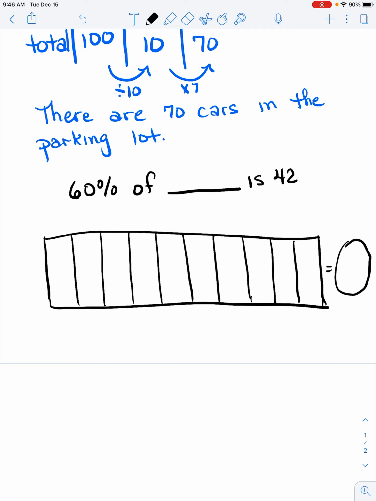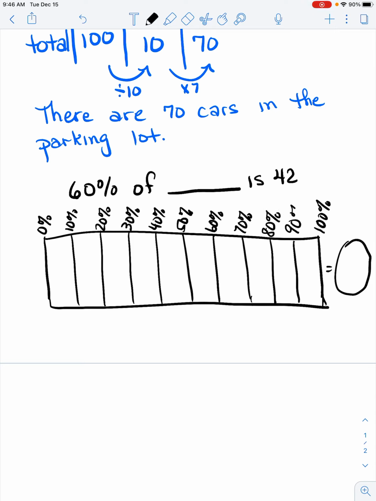Now, what do we know? We know that we have to label this first. Sometimes it's a pain in the neck, but we always want to do that because it's going to help us. So we have 10, 20, 30, 40, 50, 60, 70, 80, 90.